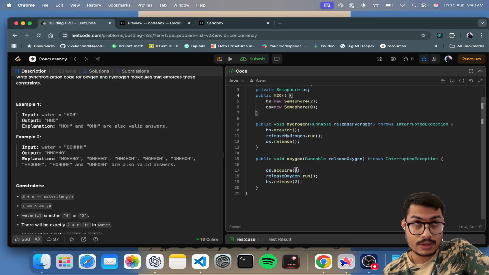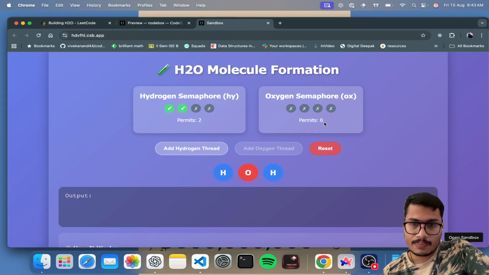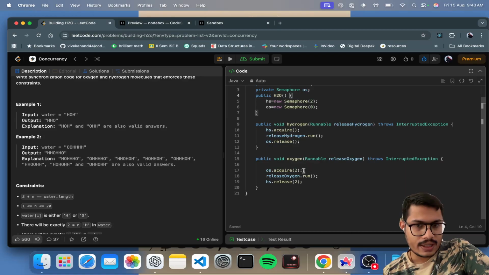Only at that time will it be unblocked. But the counter is zero now, so the thread is not unblocked. I can only unblock it when this counter goes to 2. That's what it is stating here.